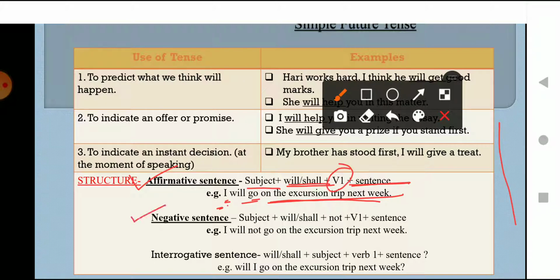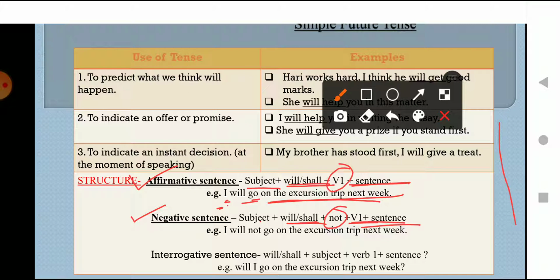For negative sentences, what we do? With the subject, we take will or shall, according to the singularity and plurality of the noun. And as the sentence is negative, we are going to use not, and the first form of the verb and the remaining part of the sentence.